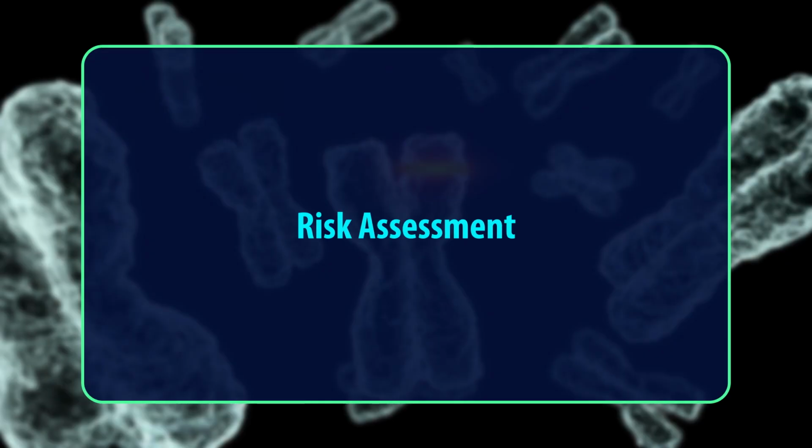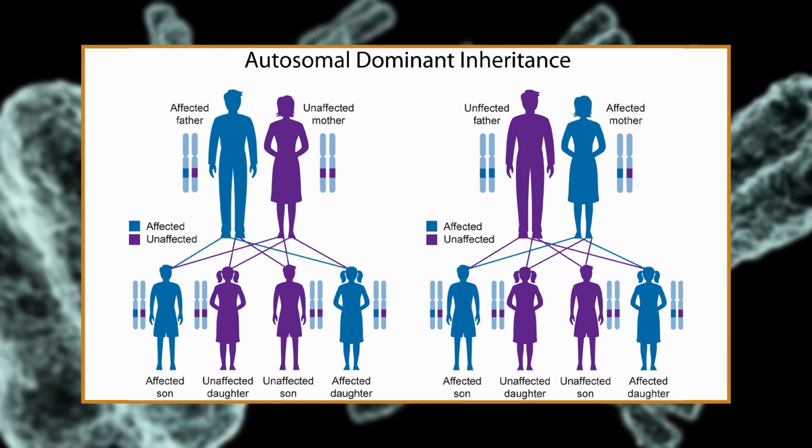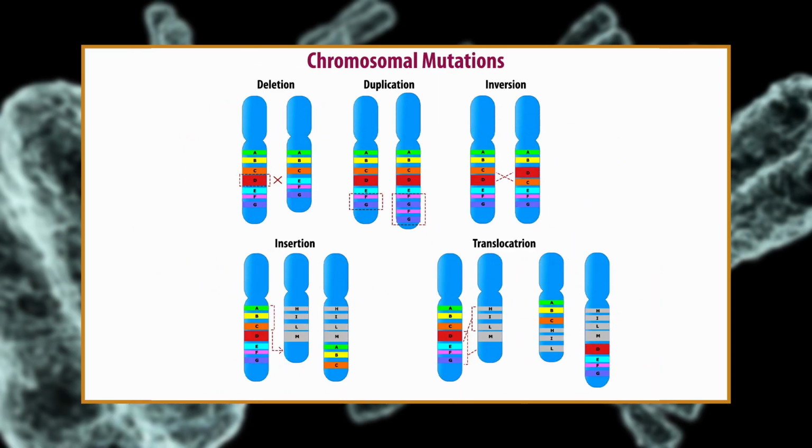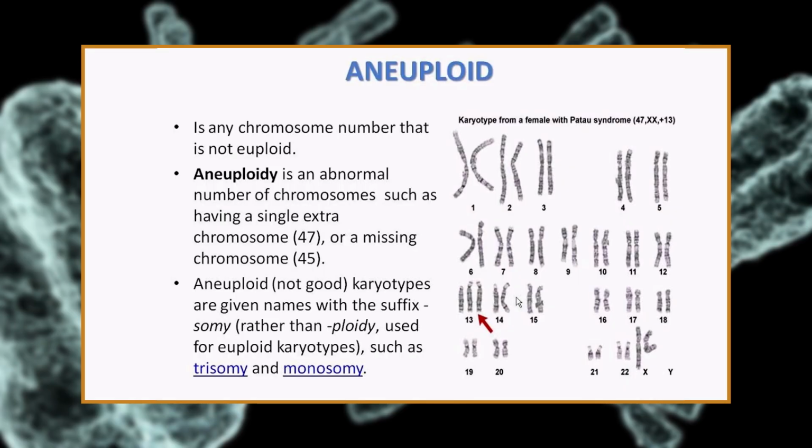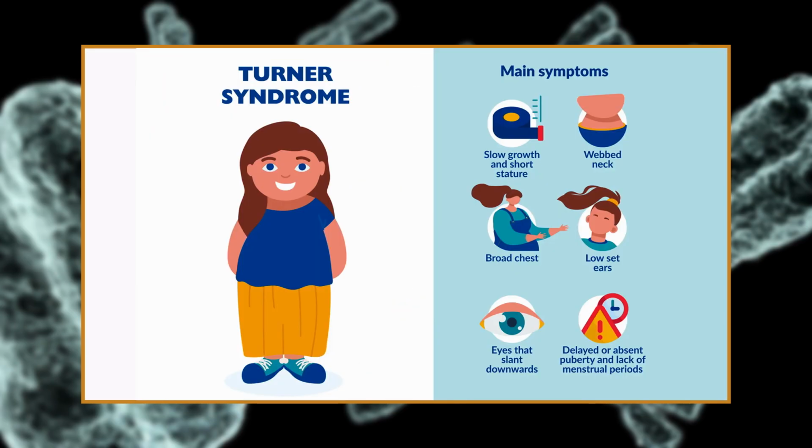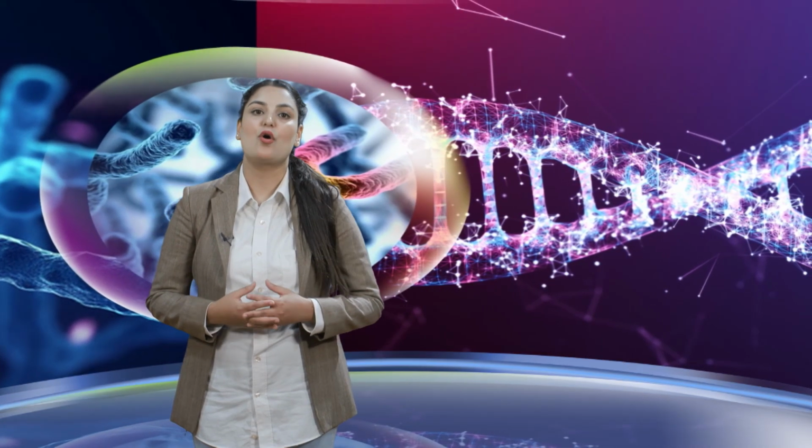Now, in risk assessment, one of the key roles of genetic counseling is to evaluate the risk of inherited chromosomal abnormalities in a family. Certain chromosomal mutations, such as translocation, inversion, or aneuploidies like Down syndrome and Turner syndrome, may be inherited or occur de novo.